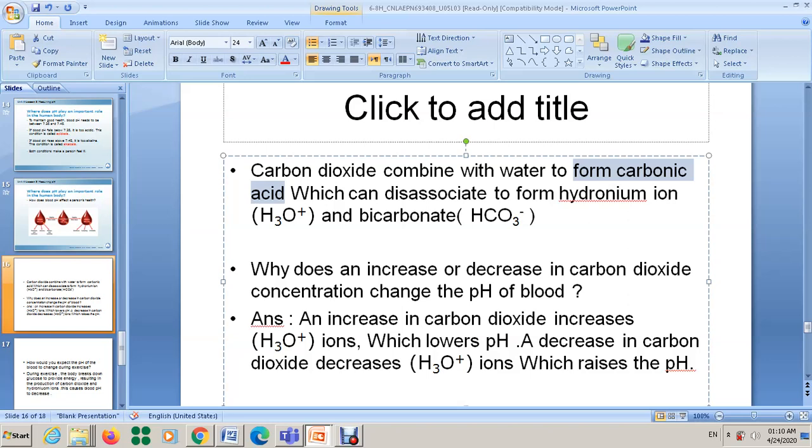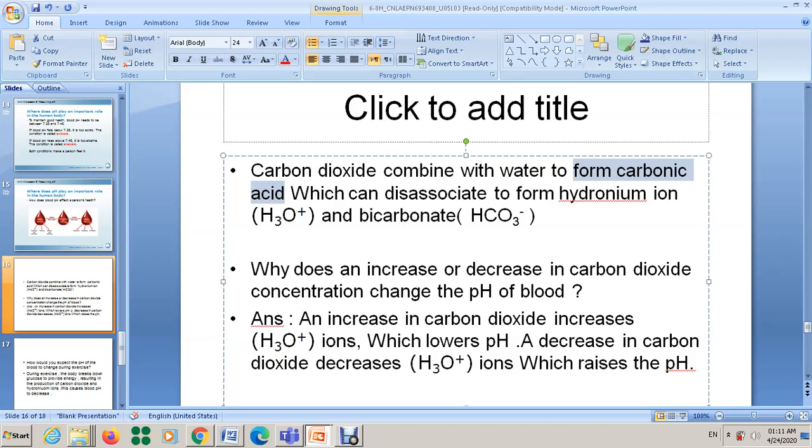When the hydronium ion increases in the blood, that means the acidity will increase and the pH will decrease. So carbon dioxide should be at a correct level. When you exhale, you remove the excess carbon dioxide from your body, so the blood will maintain slightly what? Slightly basic.